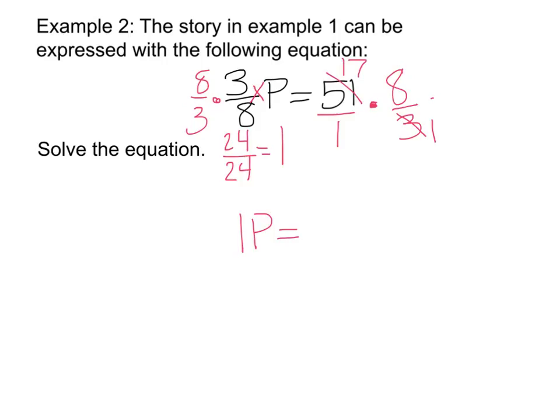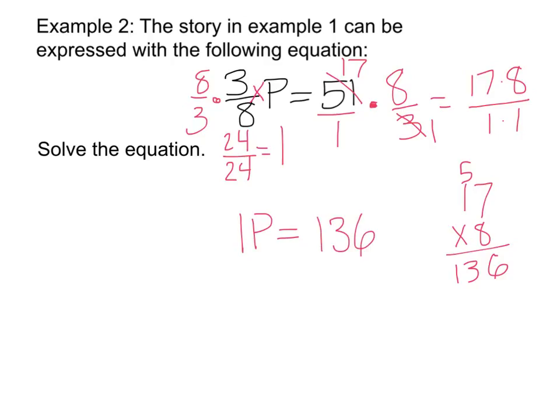What we're left with is 17 times 8 divided by 1 times 1. So therefore, all we need to do is 17 times 8. When we do that, we get 136. So once again, one book is 136 pages.